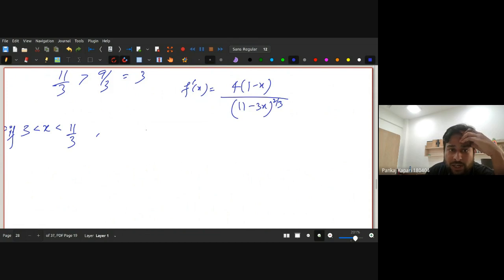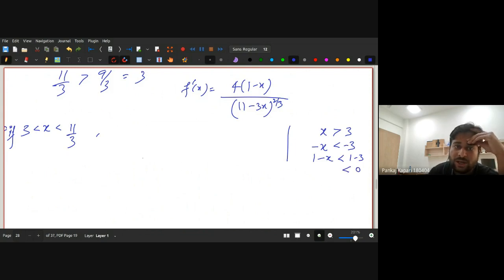I'm taking x to be bigger than 3, so minus x is less than minus 3, and 1 minus x is less than 1 minus 3, which is minus 2, which is less than 0, right? Simple as that, the sign of the derivative is negative.